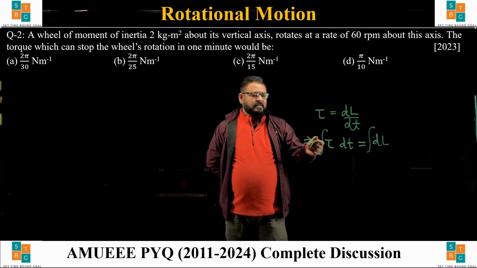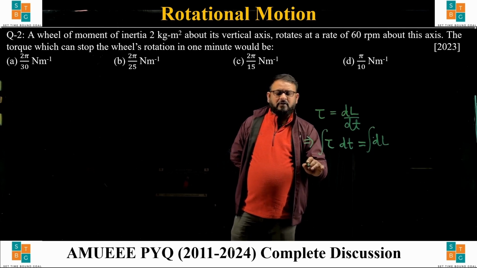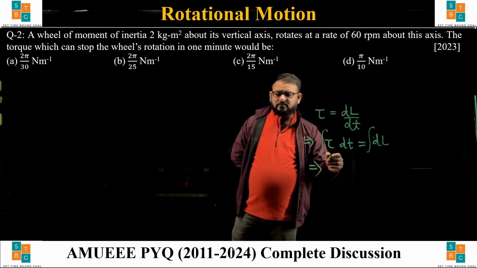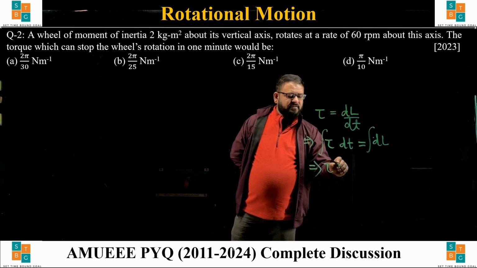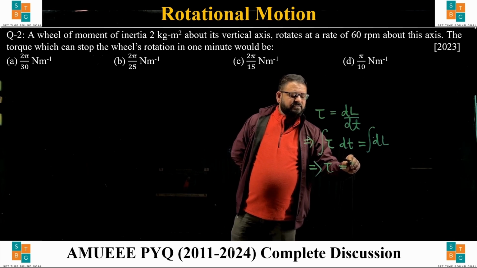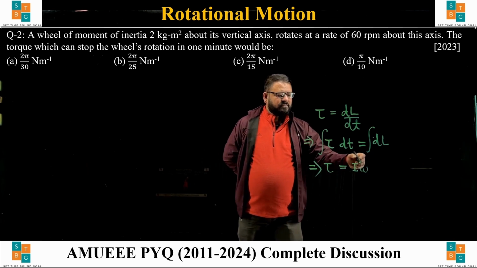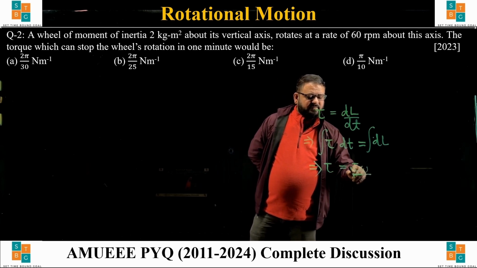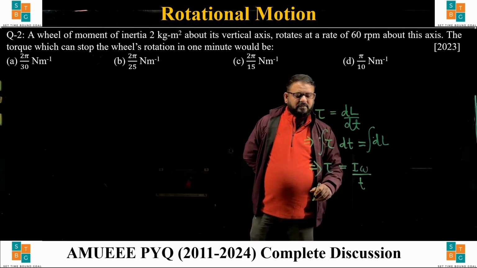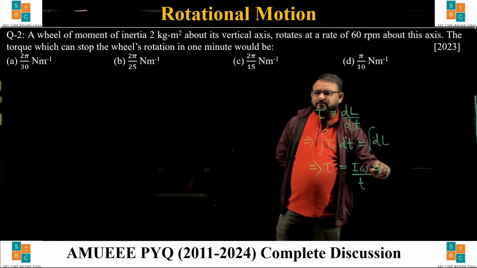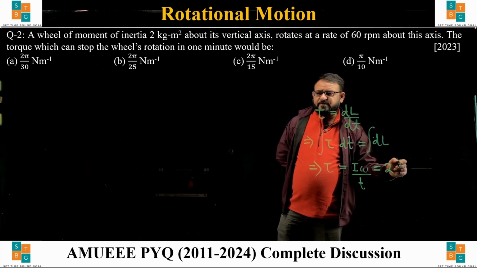right? And if it is a constant torque, then this will be just change in I omega, what is given, divided by the time. So now you have to plug in the values, 2 kg per meter square.